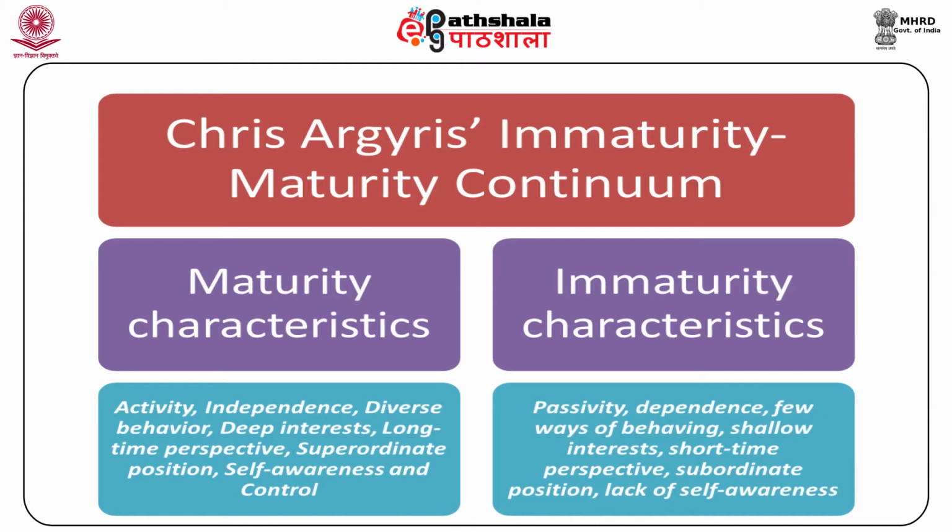Immaturity characteristics are defined by passivity, dependence, few ways of behaving, shallow interest, short time perspective, subordinate position, and lack of self-awareness. On the other hand, maturity characteristics are defined by activity, independence, diverse behavior, deep interest, long time perspective, superordinate position, and self-awareness and control.